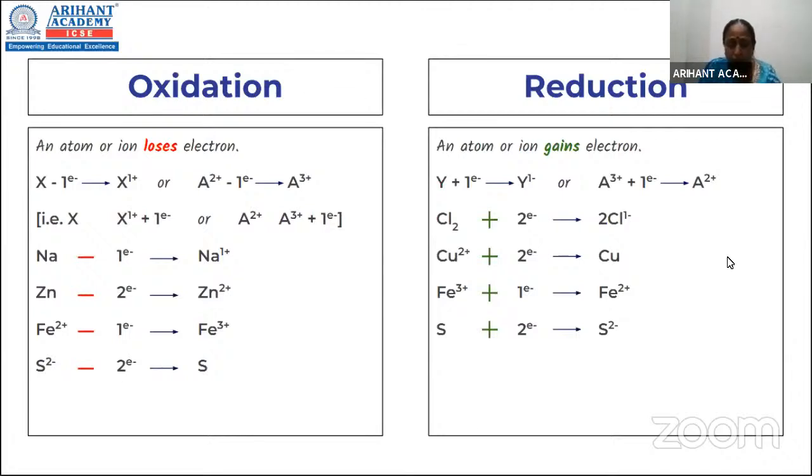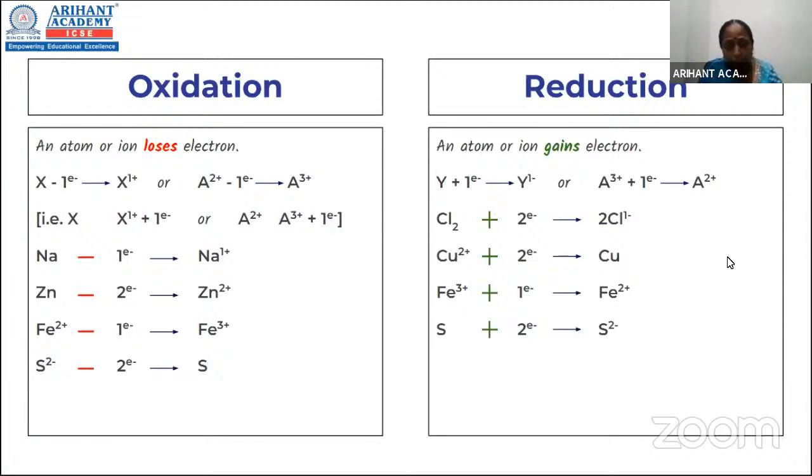But I repeat that you have to keep this loss or gain to the left of the equation. There are many times where we may write something to the right side of the arrow, but you can transfer it mathematically to the left. Like we have Na minus 1 electron becomes Na plus, Zn minus 2 electrons becomes Zn 2 plus.